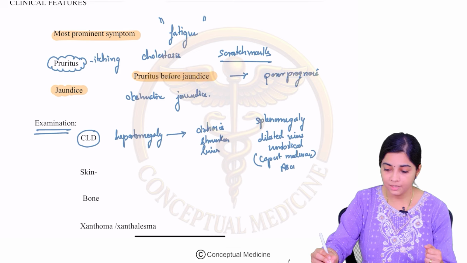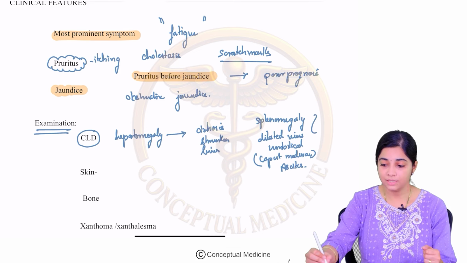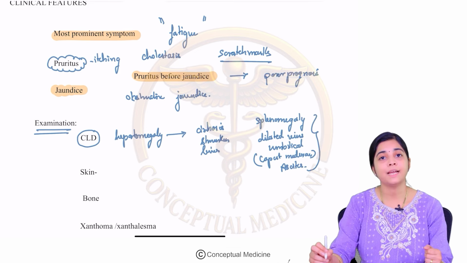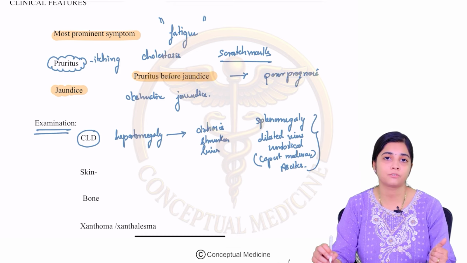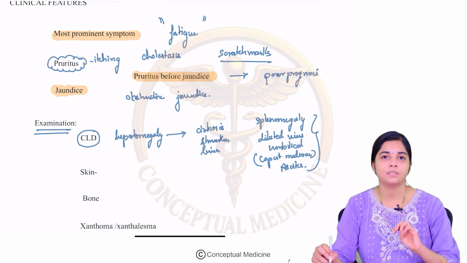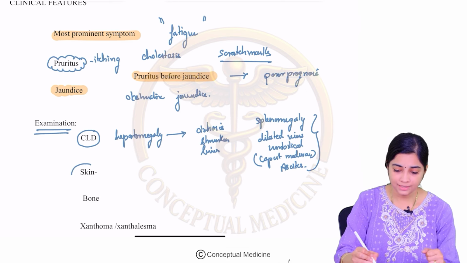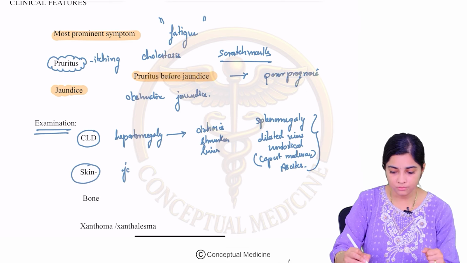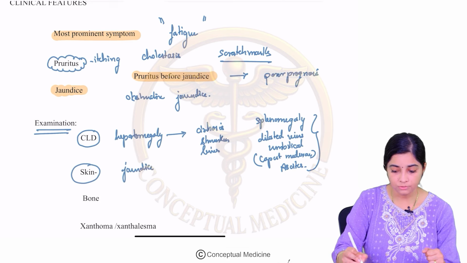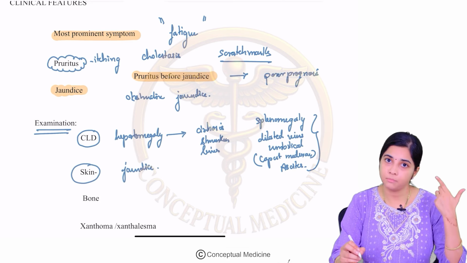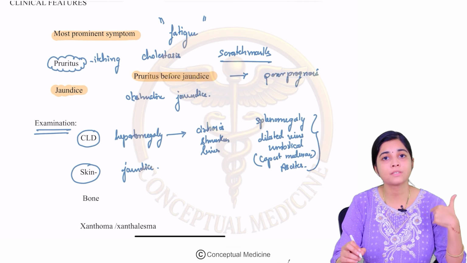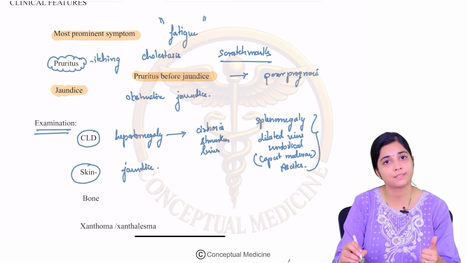Okay, there can be ascites. So these features of portal hypertension can develop. They can have stigmata of chronic liver disease if the PBC has been going on for a long time. Okay. Then in the skin, what will you look for? You will look for jaundice, most commonly in the sclera. If the jaundice is more severe, you can have yellowish discoloration of the skin as well.